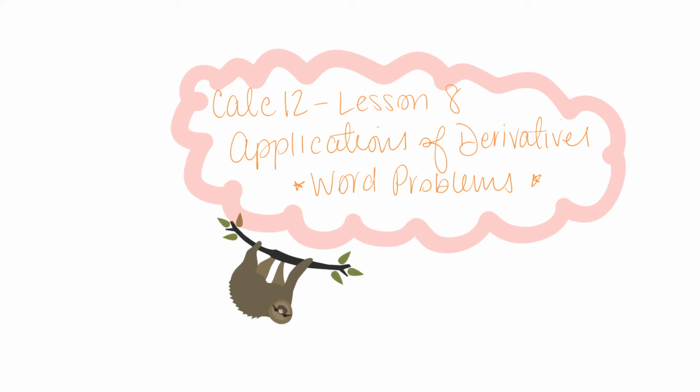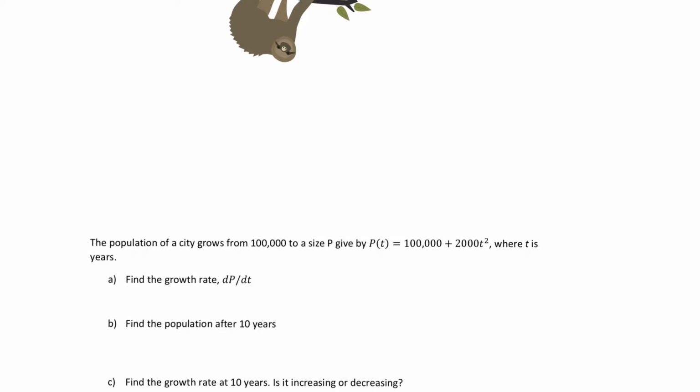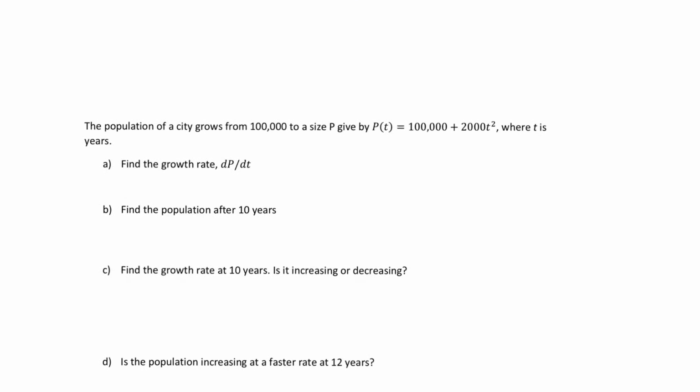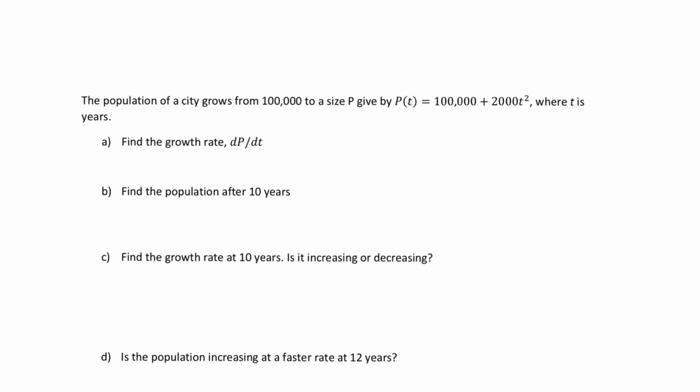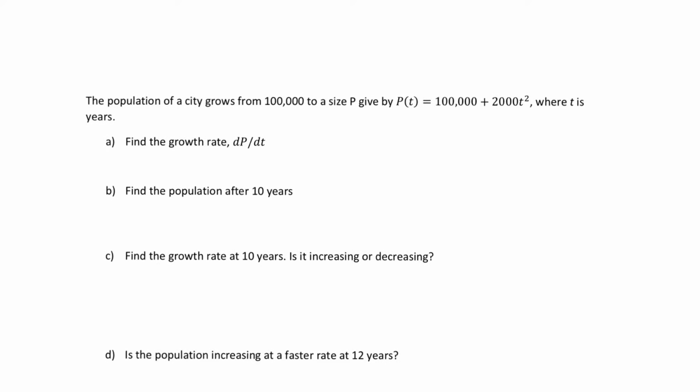All right, today we are going to look at the applications of derivatives, but with word problems. So this is going to involve looking at the difference between original functions and first derivatives. When do we want to use which one? These questions are not going to specifically say, use the original function.